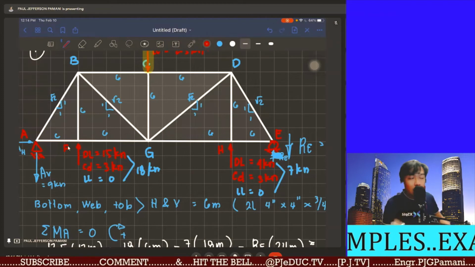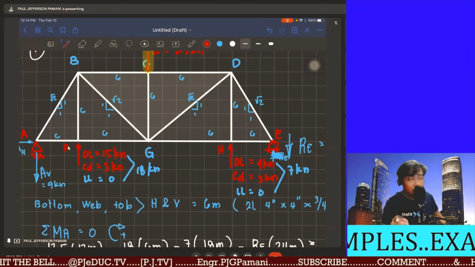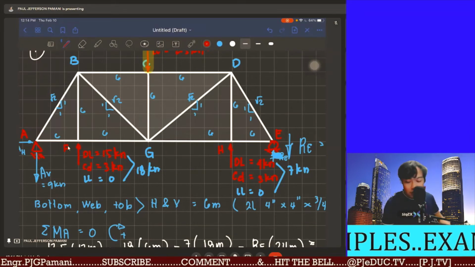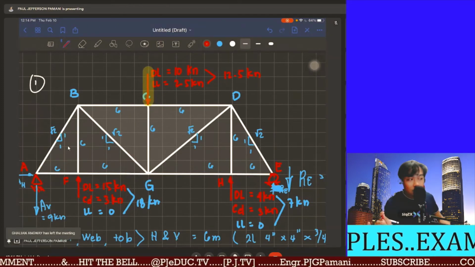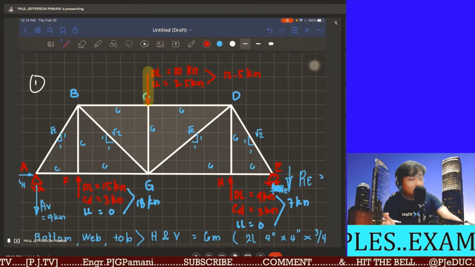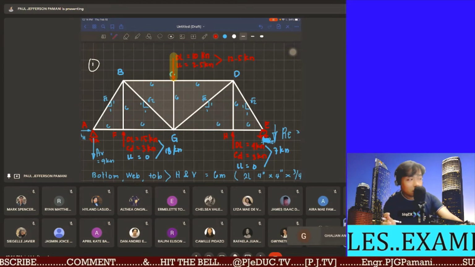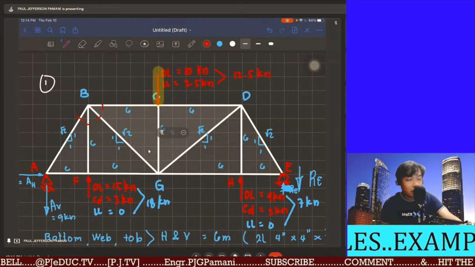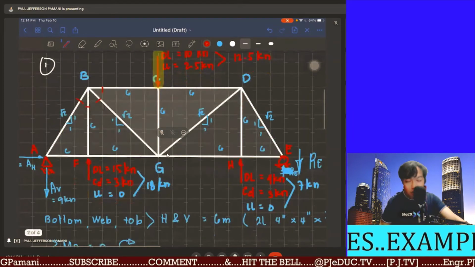Saan dyan ang may dadalawang unknown na members? Joint B? Ilang member yan? 1, 2, 3, 4. May masosolve ka ba ni isa dyan? Sir, sa A. O, it's either A or E.